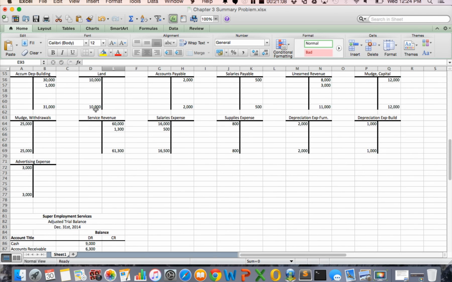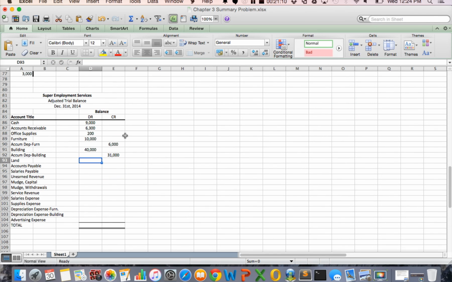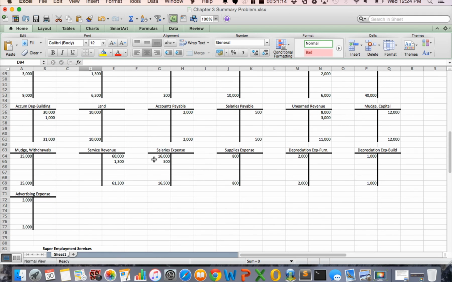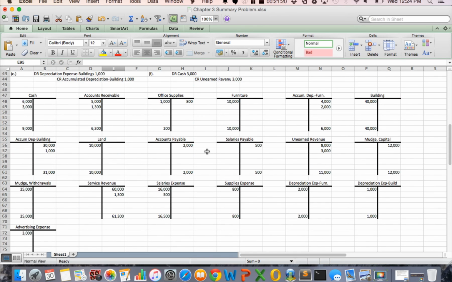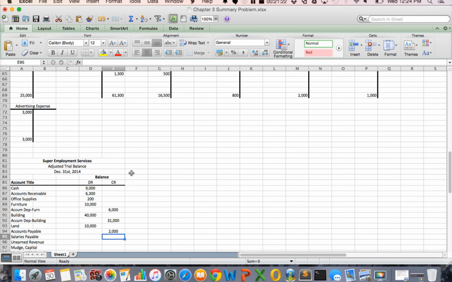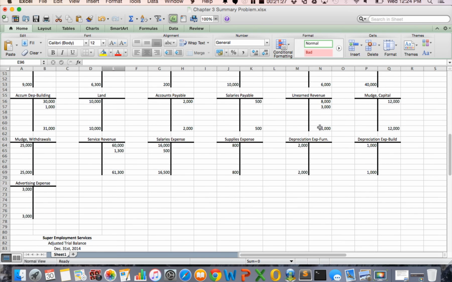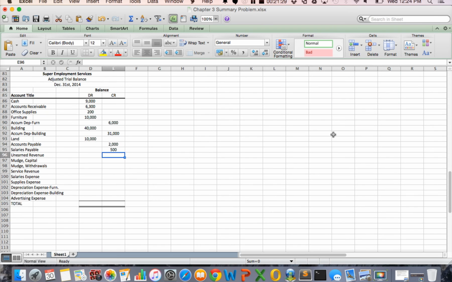Land, 10,000 debit. Accounts payable, 2,000 credit. Salaries payable, 500 credit. Unearned revenue, 11,000 credit.